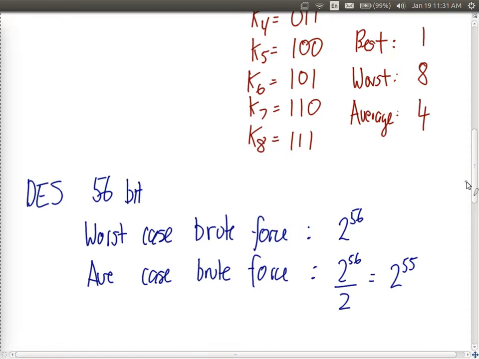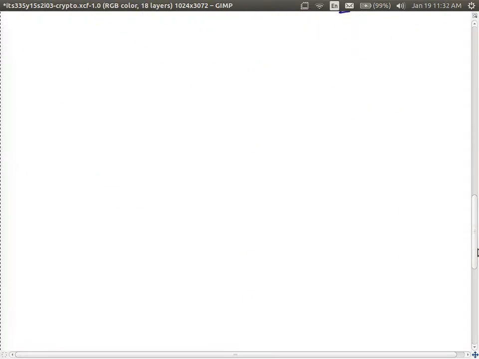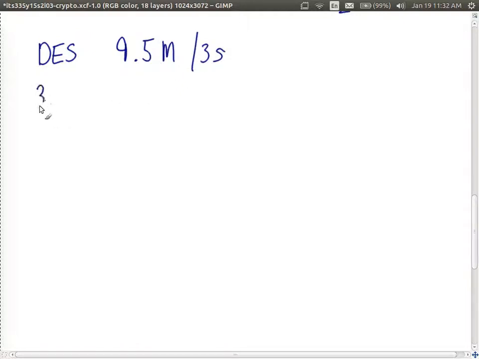Before I forget the numbers, I'll write them down. Approximately, with DES we got about 9.5 million per 3 seconds. With triple DES, we got about 4.8, I think it was, million per 3 seconds.